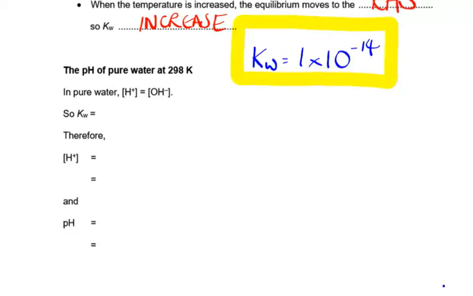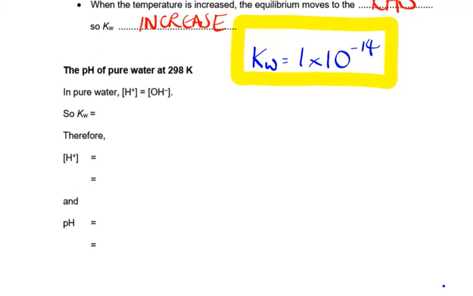So what is the pH of pure water at 298 Kelvin? Well, we may well know this. The value of Kw, that will be given in the question, so that's going to be 1 times 10 to the minus 14. It's a very small number because the amount of dissociation is so slight.